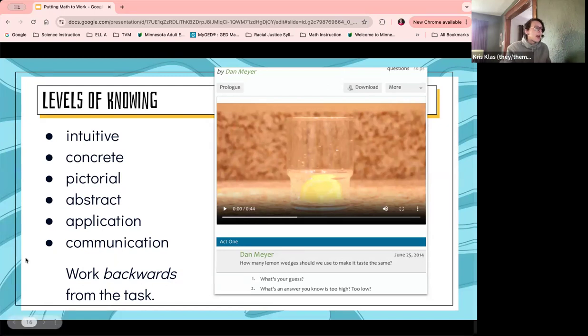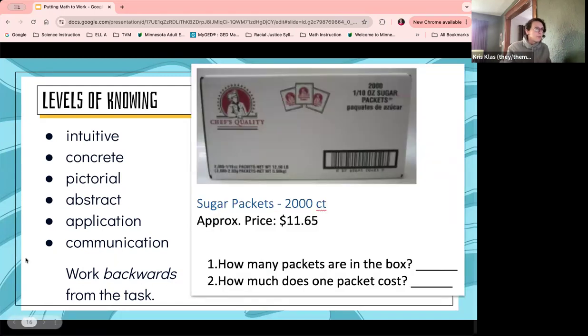Then at the abstract level, that's where we start applying this mathematically, and we bring in the symbols, the equal signs, division, the equations, those abstract pieces of math.